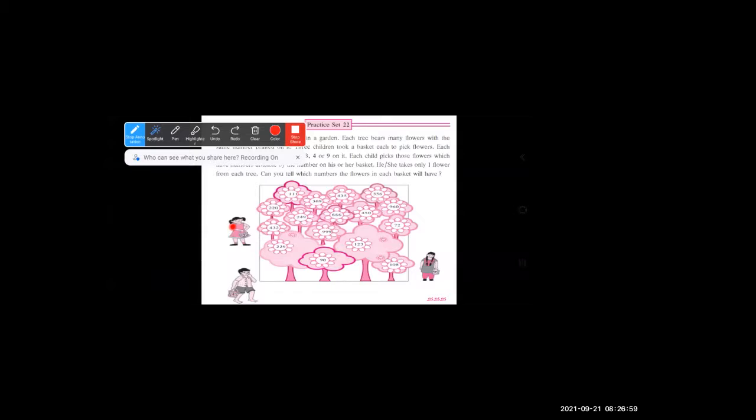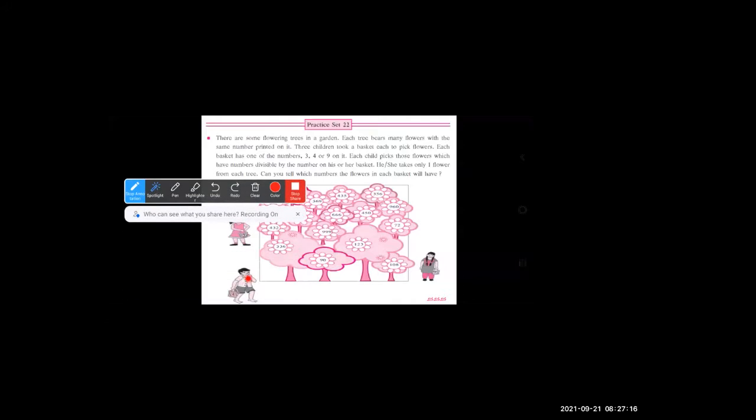There are some flowering trees in a garden. Okay. Now each tree, if you see, each tree bears many flowers, many flowers with the same number printed on it. Three children are there. Now you can see the three children over here. They took a basket each to pick the flowers. Okay, now what is the condition?